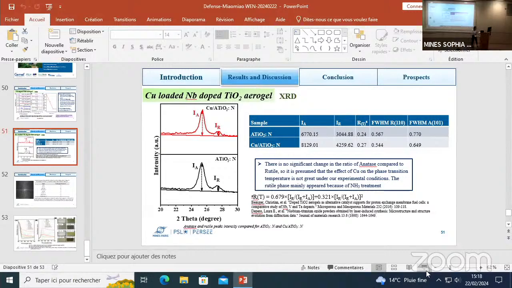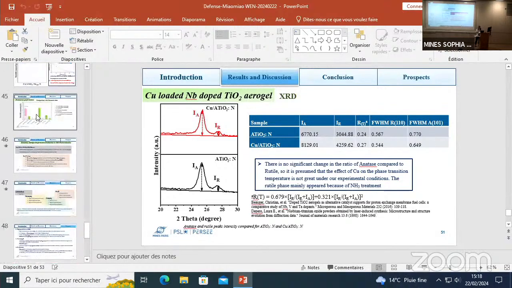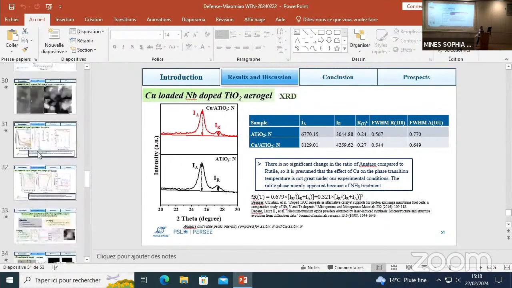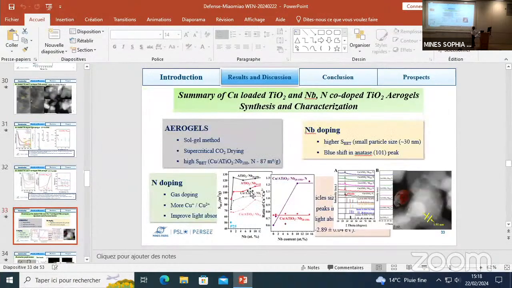After we loaded the copper, we know the SBET is going to decrease because it's metal, it's heavy. So after loading, the SBET is going to decrease, and I tried to find all the reasons that might cause the SBET decrease. One is the mass, and the second one I tried to find from the literature. This can say that a copper particle size cannot block the pore of TiO2.